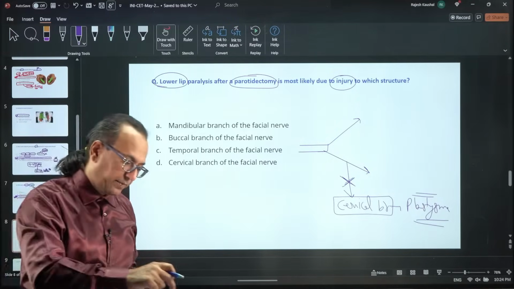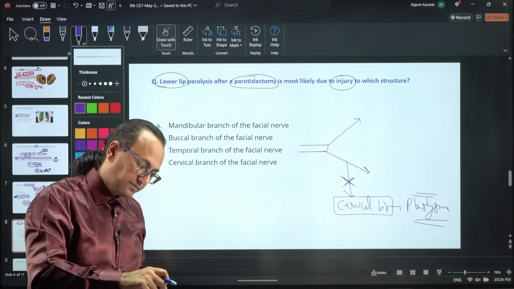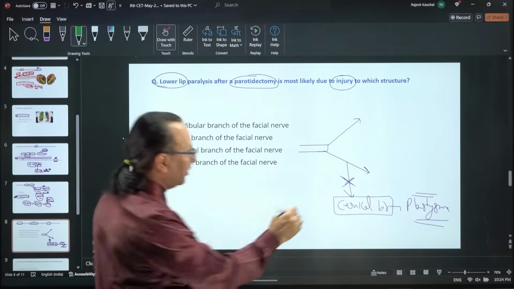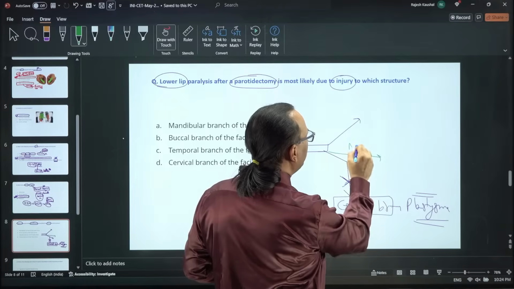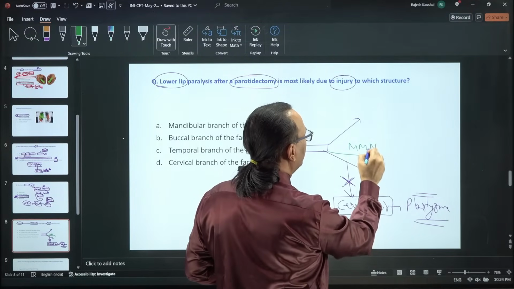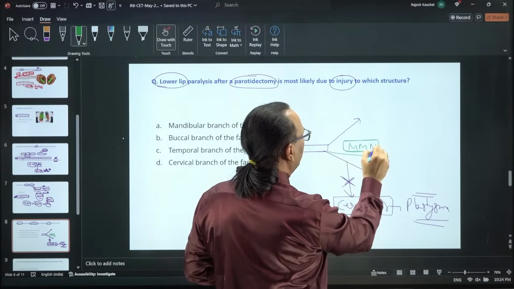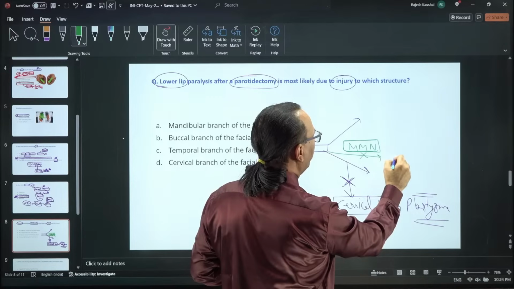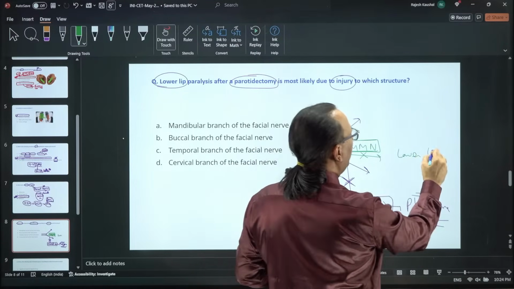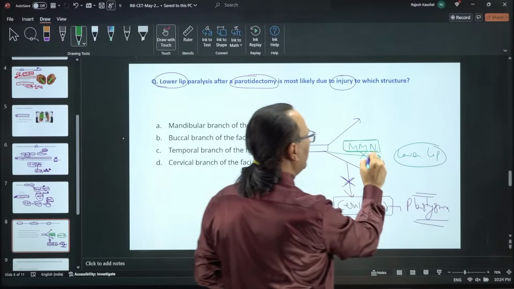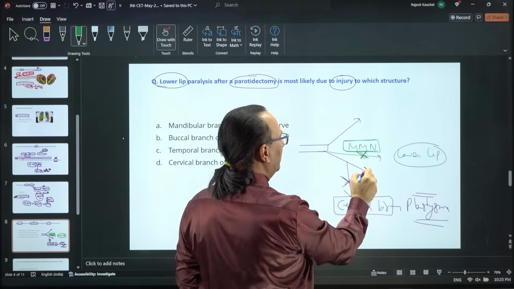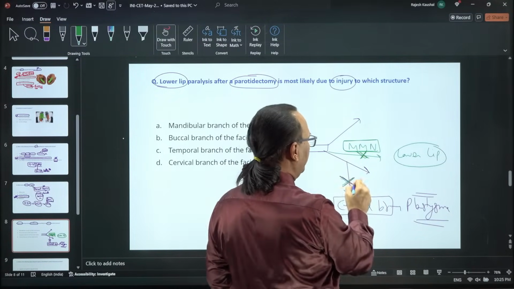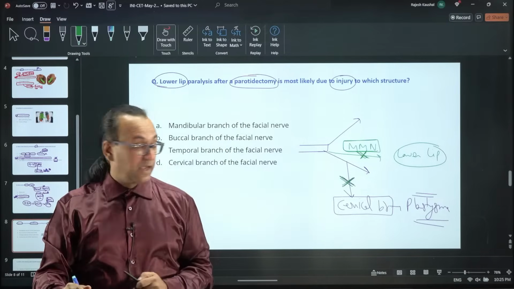Problem with the lower lip can also be there if you damage the marginal mandibular nerve. Remember, lower lip problem can be due to injury of the marginal mandibular nerve and even injury of the cervical branch.